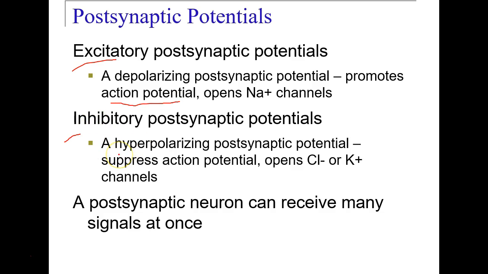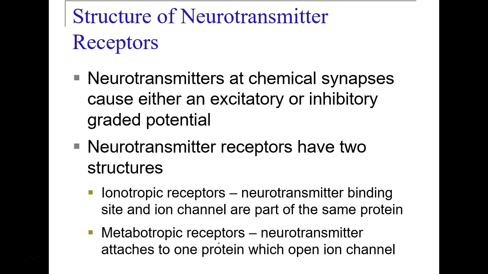Inhibitory, we are trying to hyperpolarize that next membrane or suppress the action potential. Okay? A postsynaptic neuron can receive many different signals at once containing either excitatory or inhibitory.